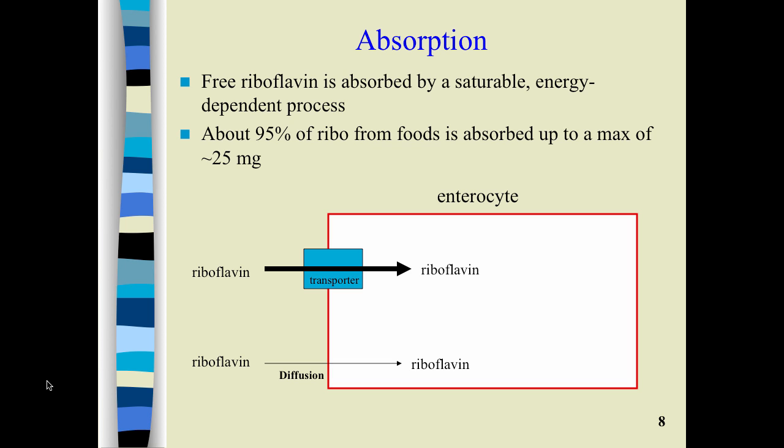In intestinal cells, absorption is by a saturable, energy-dependent process. So in other words, there are riboflavin-specific transporters on the apical membrane. Even though it's energy dependent, it's not sodium dependent.